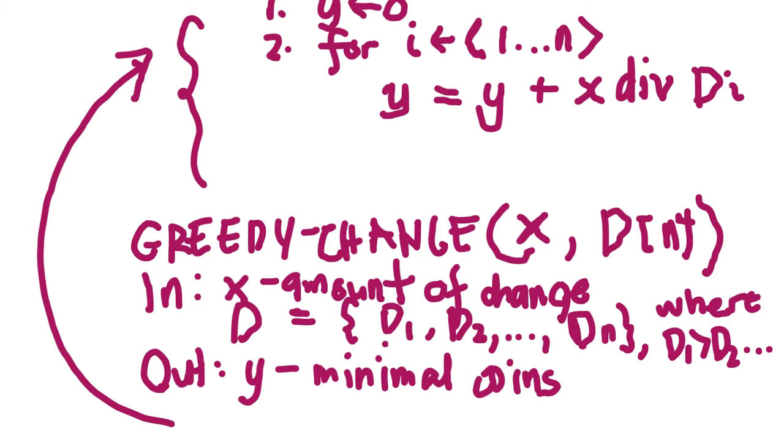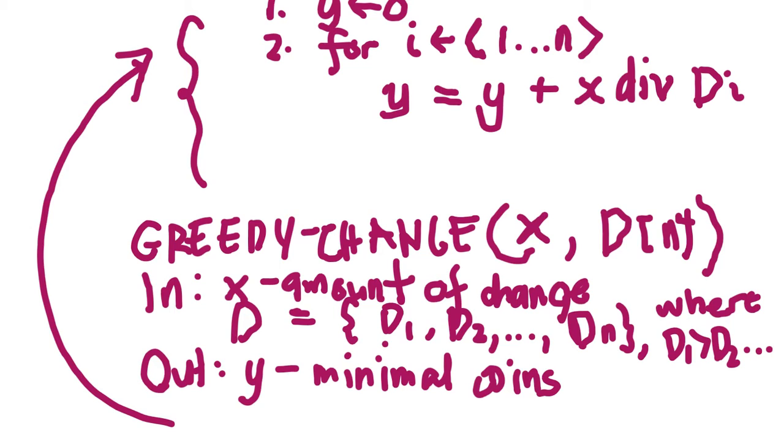For example, if the largest coin denomination is 25, the first one will be 25, followed by 10 cents and 5 cents and 1 for penny.